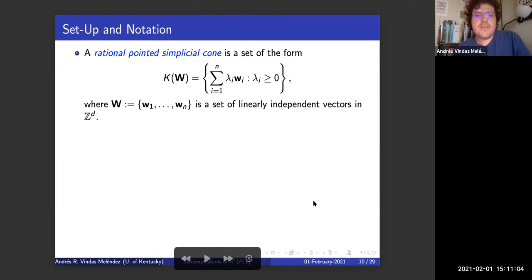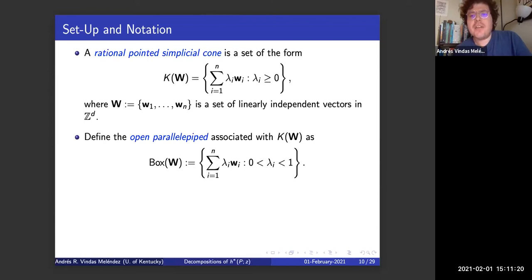And so first, let's do some setup and some notation. I'm going to say a rational pointed simplicial cone is a set of the following form, where W is a set of linearly independent vectors in Z^d.